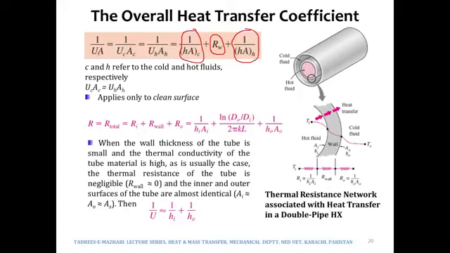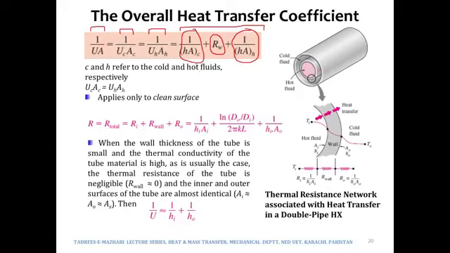So therefore resistances are written over here. On the left hand side we have 1 over UA. So we may write it as 1 over UA of the cold side or of the hot side, and of course both would be the same as long as the system is working under steady state conditions.